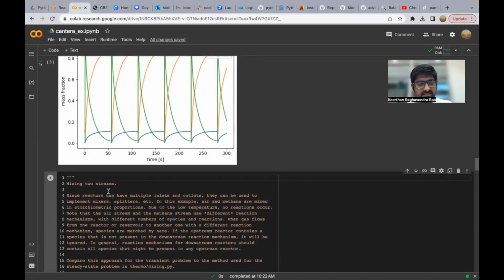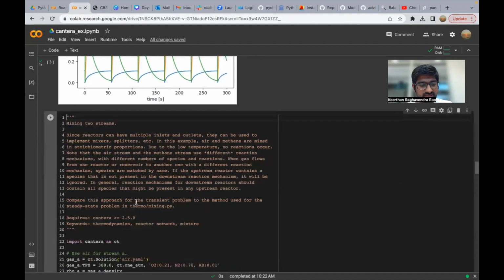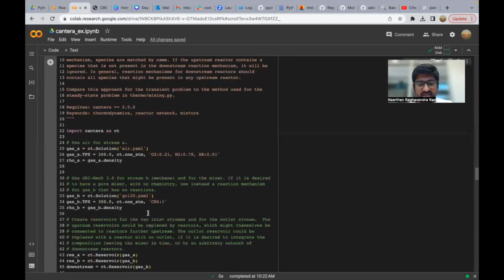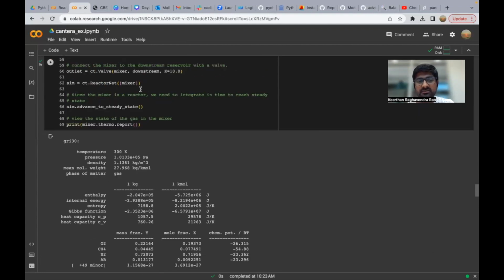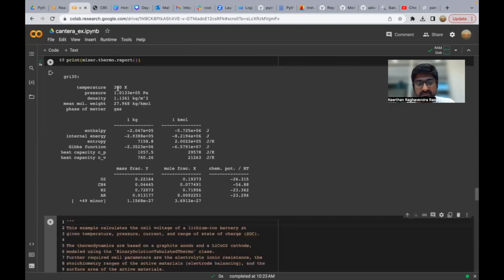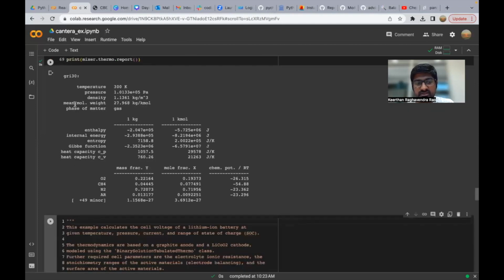Then there's also an example for mixing two streams. Let's just run this. I don't want you to go through the entire code trying to figure out what it is, but I think it's important to just see the capabilities first, and then if you're more interested, you can do this on your own time. This takes in temperature, pressure, density, mean molecular weight, and phase of the matter as gas.